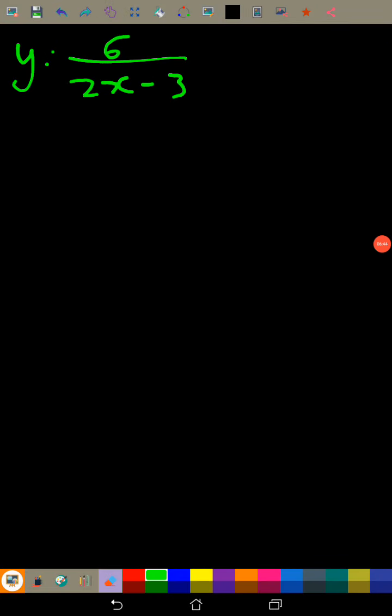So here is another equation, and we have to rewrite it somehow to find the rate of change of y with respect to x.